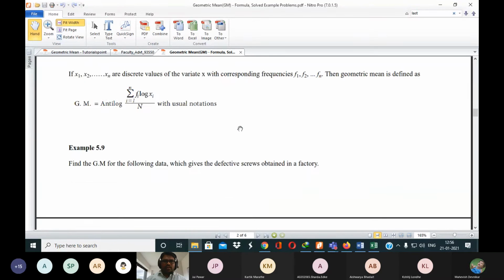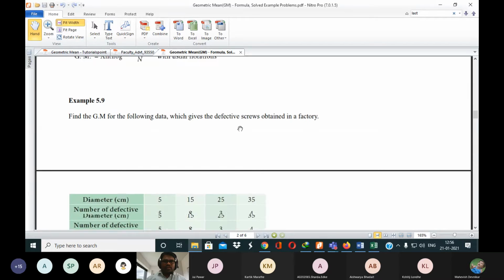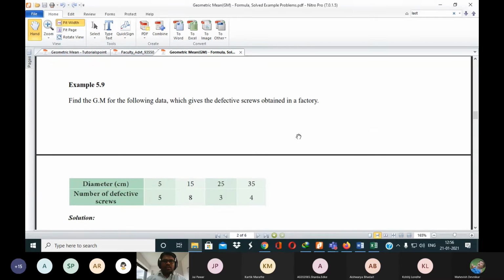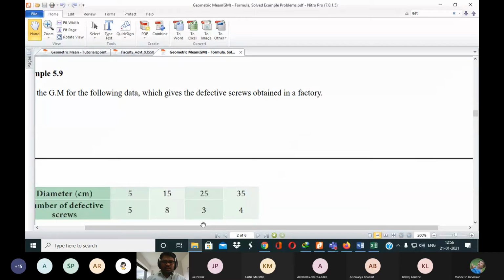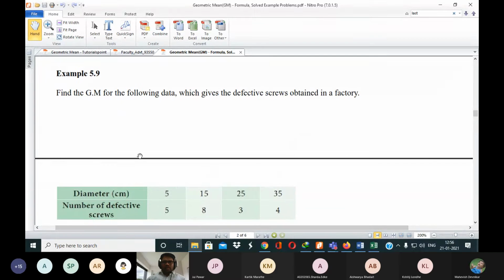So this is the problem. Okay, calculate the geometric mean of the following data, which gives the defective screws obtained in a factory.